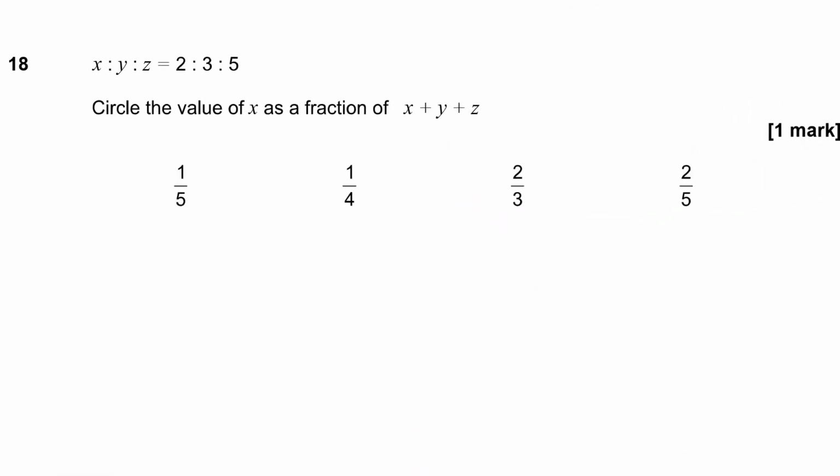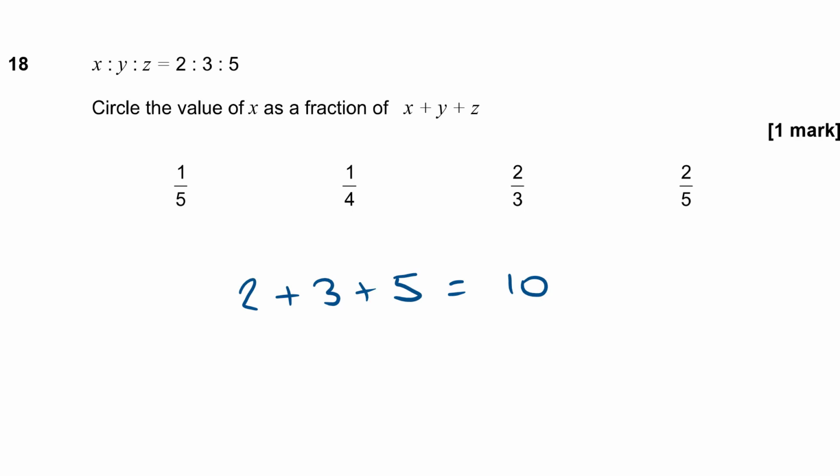Question 18. The ratio of x to y to z is in the ratio of 2 to 3 to 5. Circle the value of x as a fraction of x plus y plus z. Confusing much? Not really. If I've got a ratio of 2 to 3 to 5, then how many parts is that altogether? 2 plus 3 plus 5 is equal to 10.